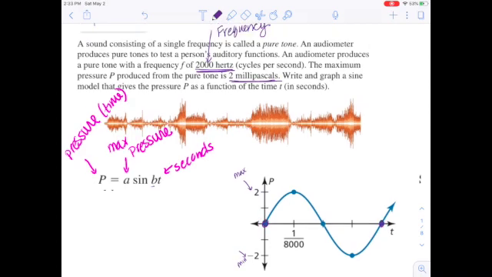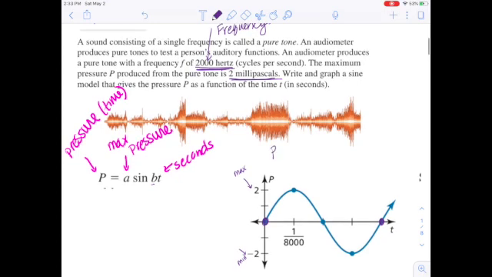Now we can get our period from the information in the word problem, looking at the frequency. We know the frequency is 2000 hertz, so our period is just the reciprocal of our frequency. So our period would have to be 1 over 2000, which is the full length of one cycle of your sine. So 1 over 2000 could be labeled all the way for this critical point.